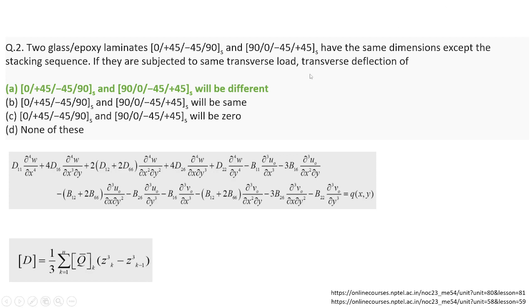Now, even though the angles which are used are similar for both of these laminates, the positioning of those angles is different. And as I said, it will depend on the D matrix. So to find the value of the D matrix, this is the equation. Here you can see it depends on the reduced stiffness matrix and the position of the laminas and the cube of the position of the laminas. Whenever we considered the A matrix, we only considered the thickness, but for the B and D matrices we considered the position and the square and cube of the position.